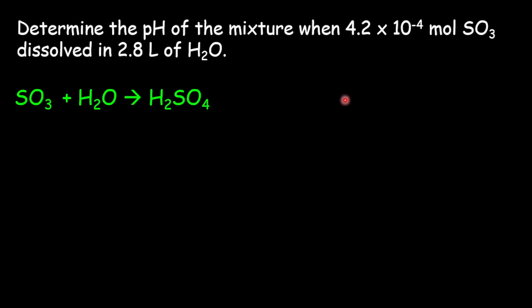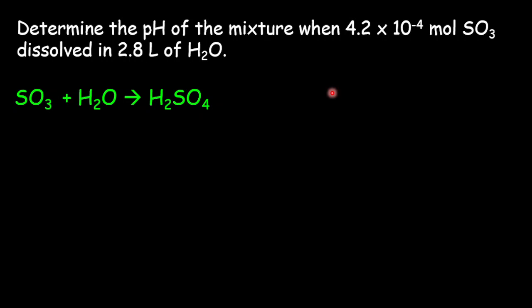If you think about this, it is like forming acid rain. When oxides of non-metals react with water, they form acid. So this sulfur trioxide is an acidic oxide. An acidic oxide reacts with water to form acids, similar to forming acid rain. Just to point that out real quick.